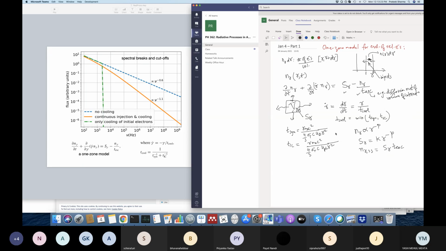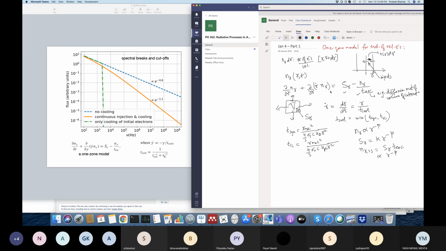It makes sense. If you have this volume in steady state, whatever losses happen for these electrons have to be compensated by whatever injection happens. And T escape is independent of gamma, so n gamma in steady state is proportional to gamma to the minus p. That is what we assume.